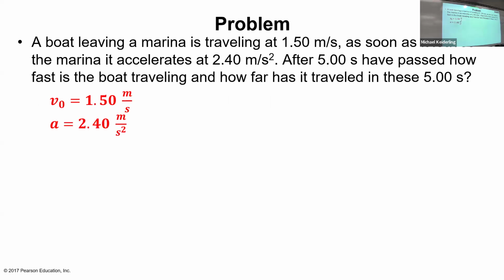Our acceleration is 2.4 meters per second squared. The time is 5 seconds. We're looking for two values: our final velocity and our final position. So let's start by finding the final velocity.